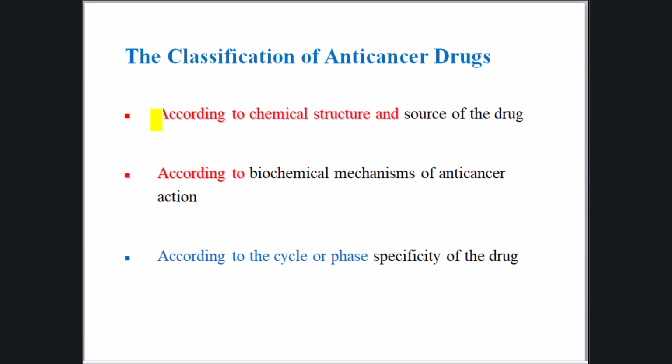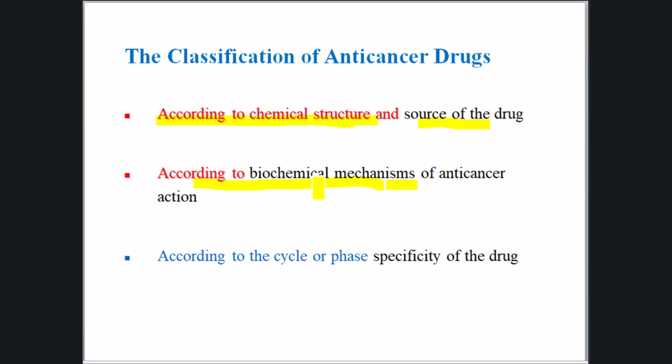In general, the anti-cancer medications can be classified according to the chemical structure they contain, like nitrogen mustards and different platinum compounds, as well as based on the source, like plant derivatives, such as alkaloid anti-cancer medications, and based on biochemical mechanism, like antimetabolites.